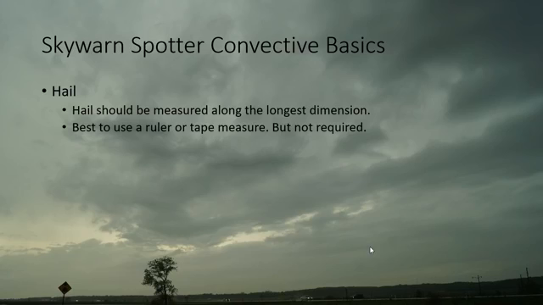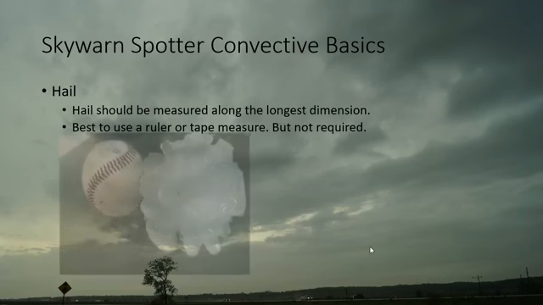Otherwise, you're just looking at the radius of it, from one side to the other. But not all of us have a ruler or a tape measure, so cool. It's not really required.